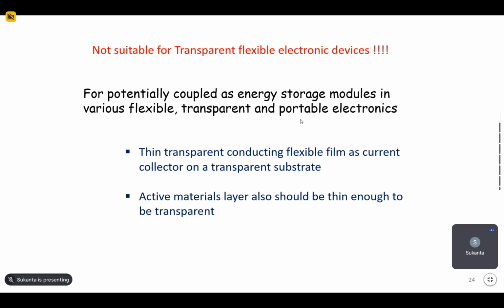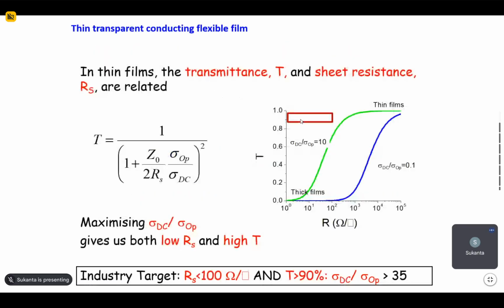So first, we have to prepare a thin, transparent, conducting flexible film which can be used as a current collector. For thin, transparent, conducting flexible films, conducting means the resistance will be very low with high transparency.